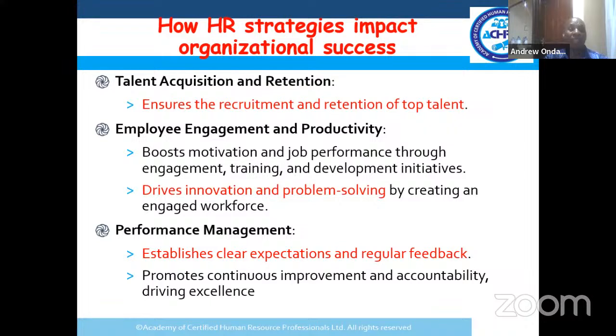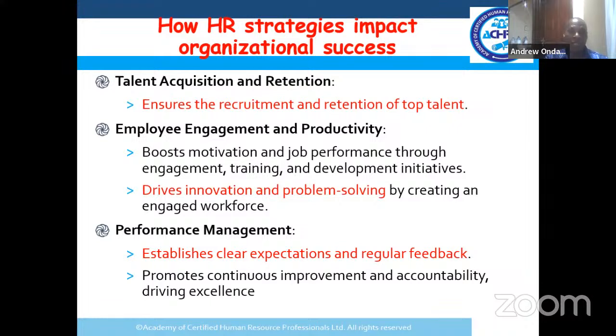For example, the targets that we give our employees could be our expectations. Secondly is the timelines within which they have to achieve their targets. And three, the quality of what they produce at the end of that period. So performance management is a strategy that helps an organization to ensure that it is productive by setting those clear expectations.